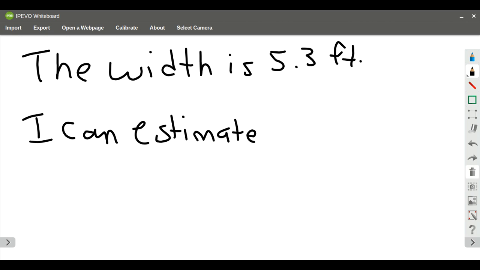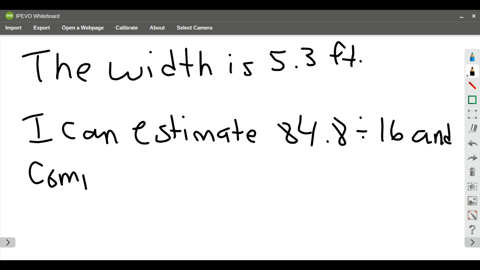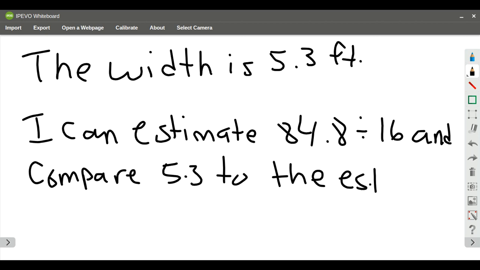I can estimate 84 and 8/10 feet squared divided by 16 and compare 5 3/10 to the estimate.